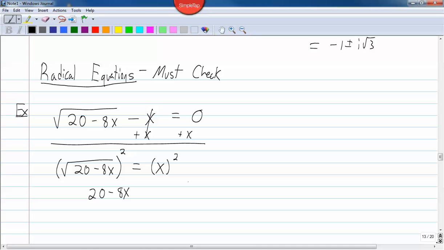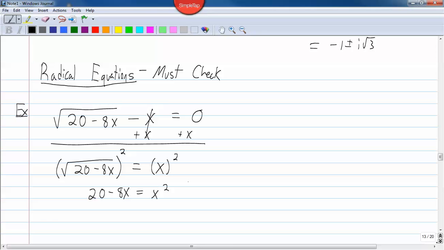The right side is now x squared. Now don't think I should put a plus or minus anywhere, because I didn't take a square root, I squared. There's a difference. Remember, when you take a square root, you have to put a plus or minus on one side. But when you square, you don't.